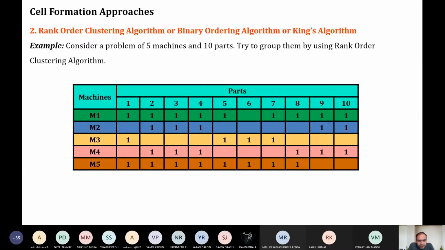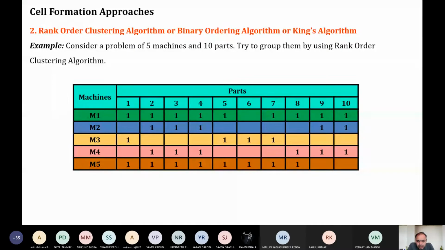Here the machines denote the rows, whereas the columns from 1 to 10 denote the number of parts. In this case, machine 1 is utilized by part numbers 1, 2, 3, 4, 5, 7, 8, 9, 10. Similarly, part 1 uses machine 1, machine 3, and machine 5 for manufacturing.